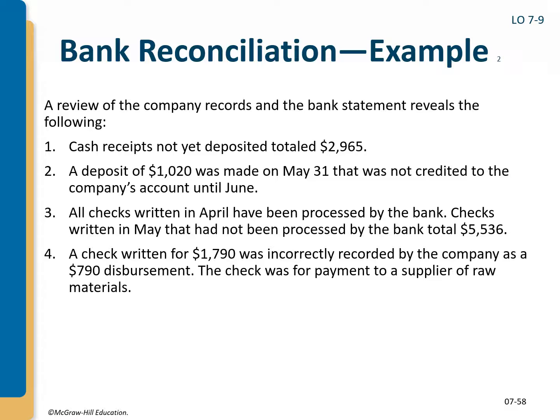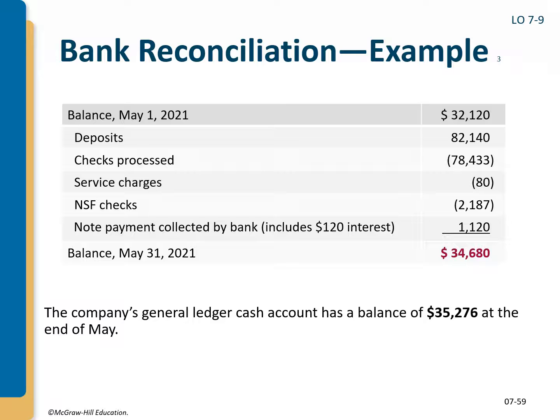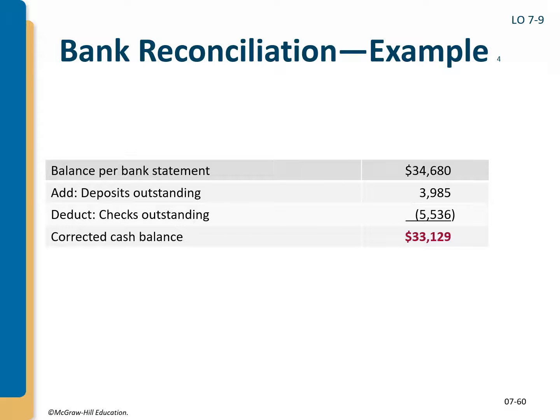So we made this mistake in our checkbook. So let's see how these items will affect our bank reconciliation. Starting here again is the information. Now, first, let's see what the correct balance of the bank statement should have been.